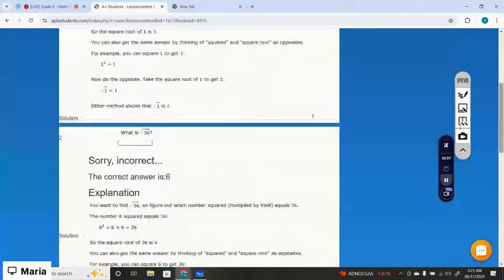What is square root 36? So you need to find which number when multiplied by itself makes 36. So which number when multiplied by itself makes 36?